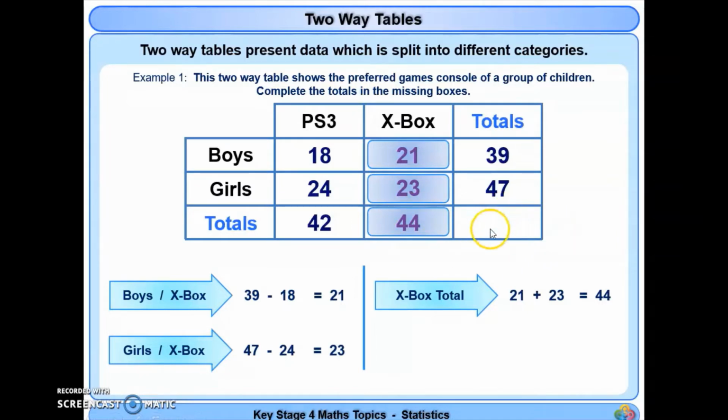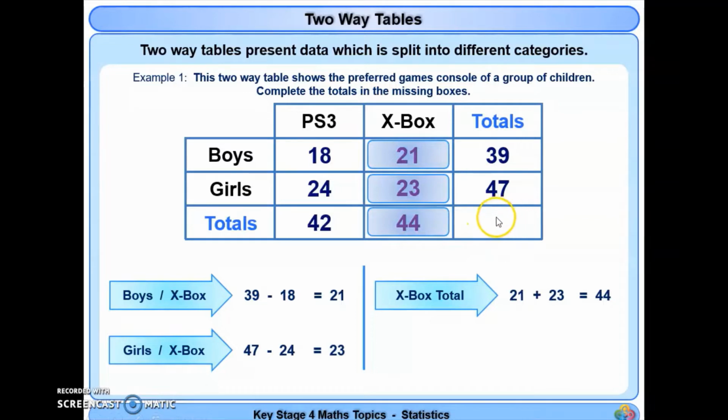So we're now missing the final total. The total that goes in here will be the complete total of everybody who was represented in the data. What we should find is that when we take the totals here of PS3 and Xbox and add them together, we get this value. But also, if we took these two values, added them together, we'd also get this final total.